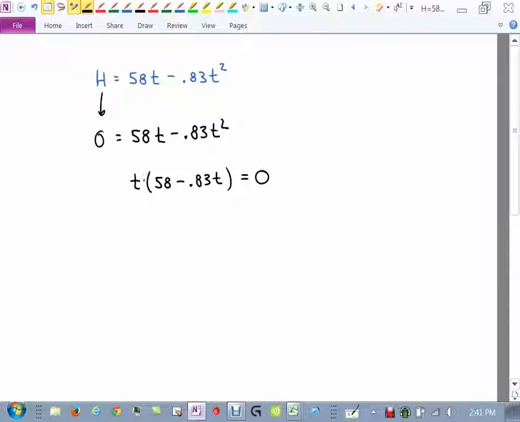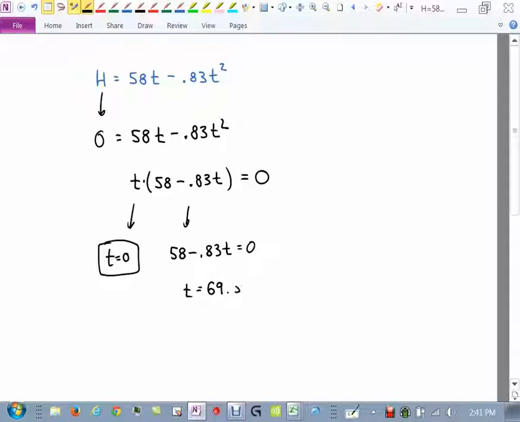Of course, this says t equals 0. So I know that the height of the arrow is 0 at the beginning, t equals 0. And then when I take this and solve it, basically take 58 minus 0.83t, set it equal to 0, move things around, divide, and you get t equals 69.88.